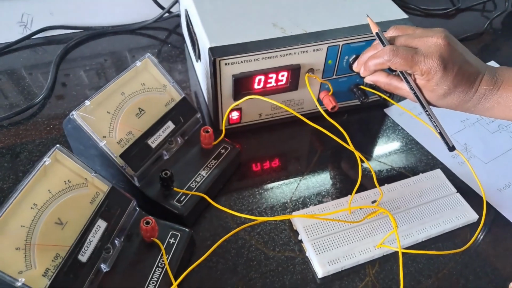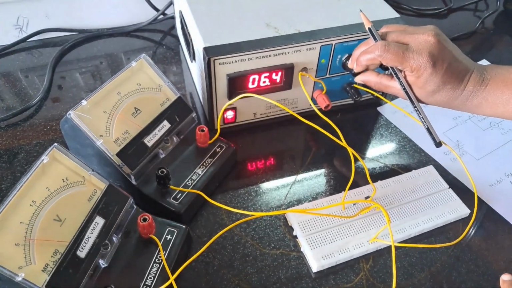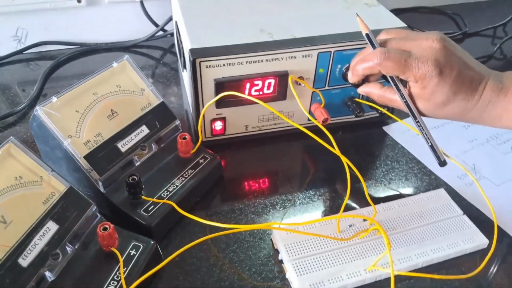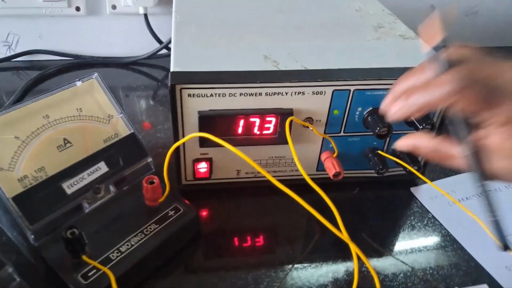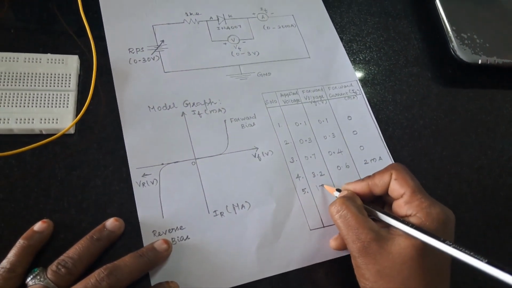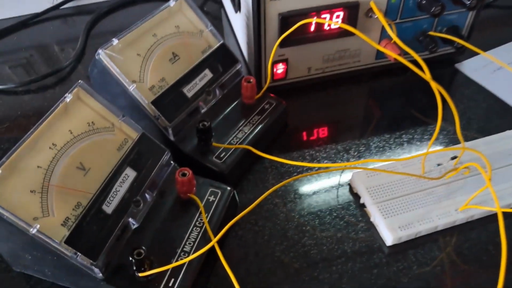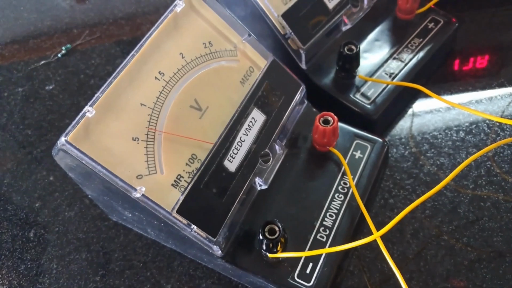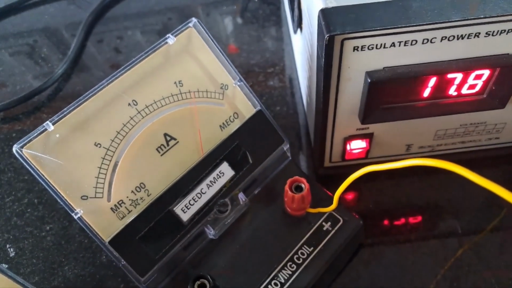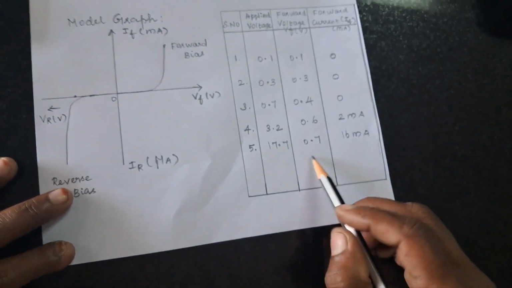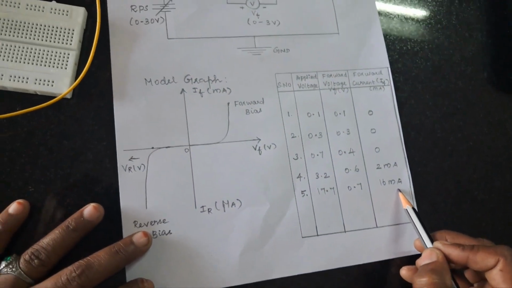Next, we have to increase the supply voltage. The regulated power supply voltage is 17.7, and our forward voltage is 0.7. Our milliammeter reading is 16 milliampere. We note down the 16 milliampere.